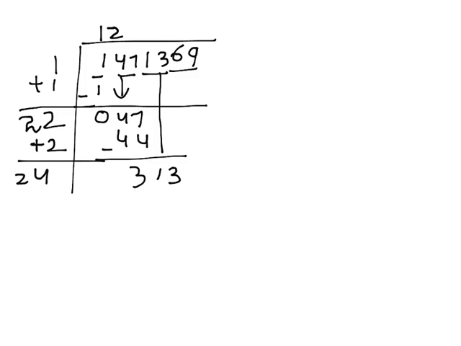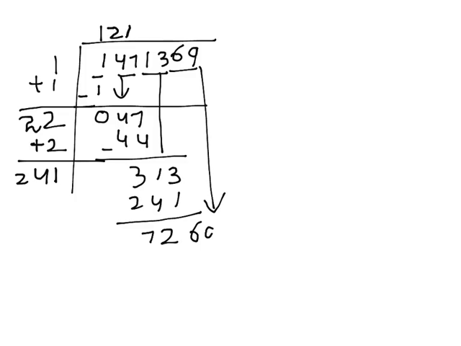Now we have to find the next digit, that will be 1 only, because 242 times 2 is much greater than 313. We will go with 1. 241 times 1 will be 241. Next we will subtract these two. We will get 72. Next we will copy 69.